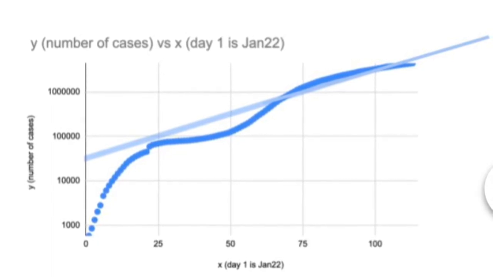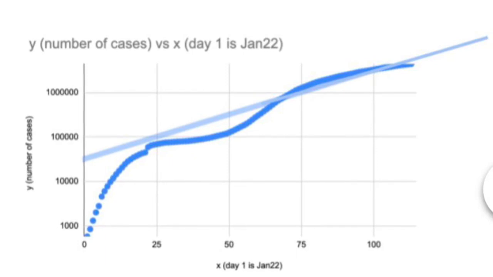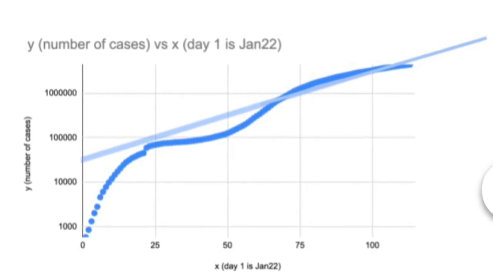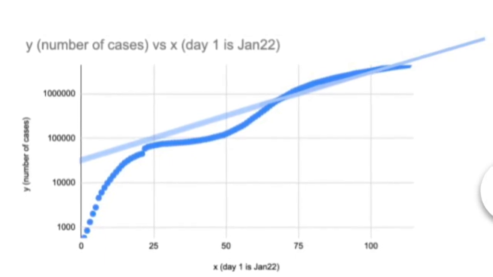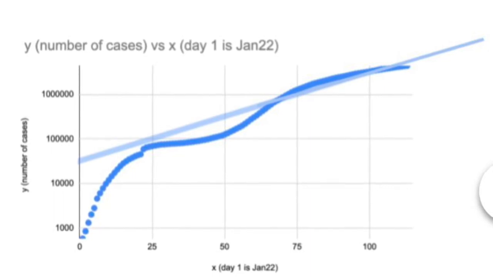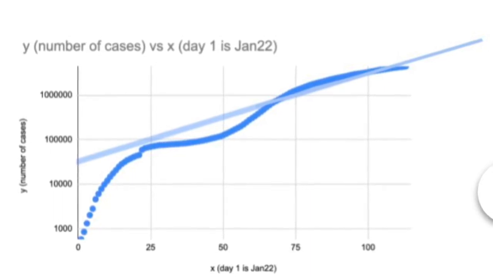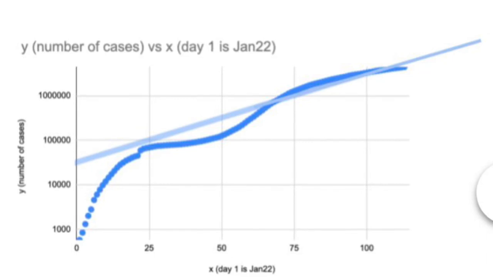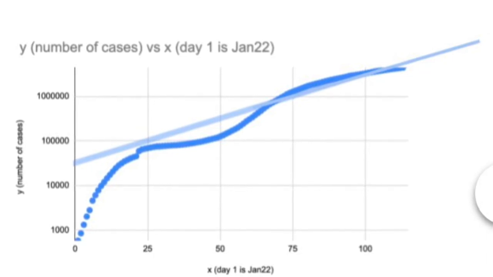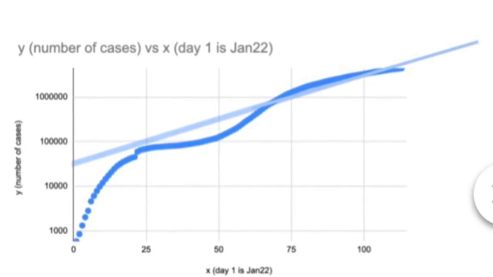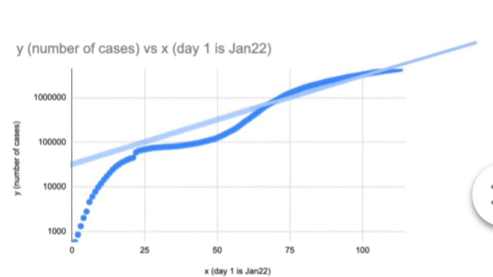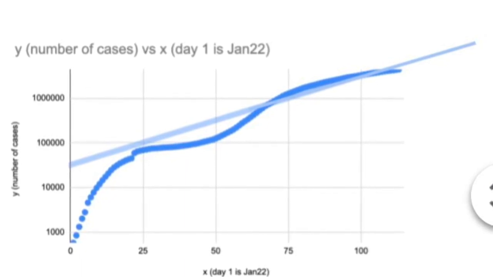So remember that when we use a logarithmic scale, the reason we use it is to see whether our curve is beneath the linear line. Because as long as it's beneath the linear line, then that means that our bacteria is no longer growing at the same exponential rate it was before.